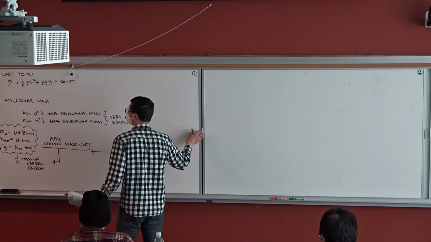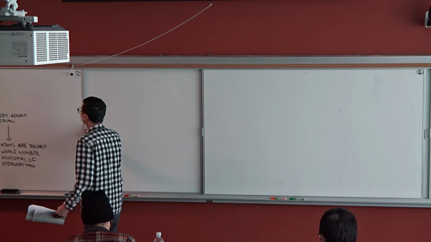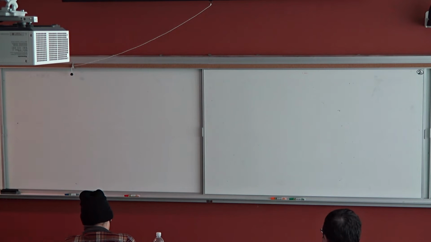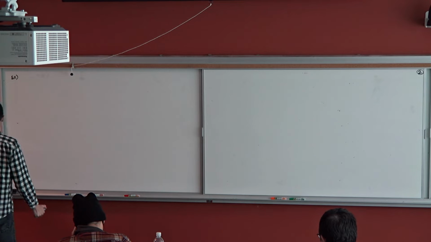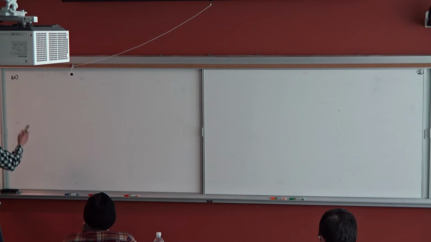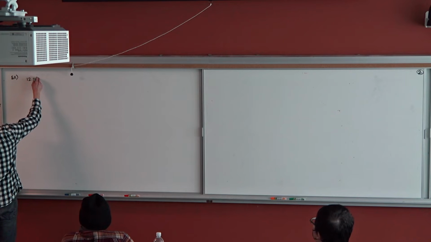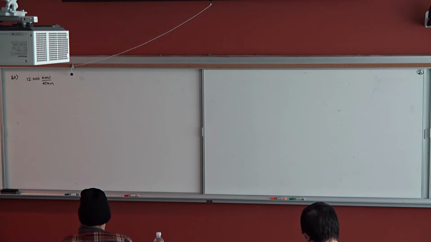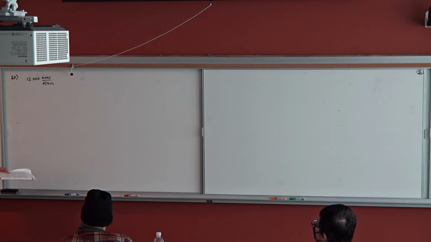Then, let's see how this works. As a simple starter example, if we have 12 AMU, that would be carbon 12.